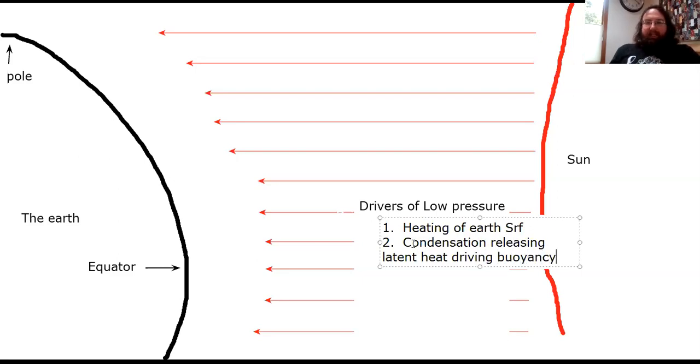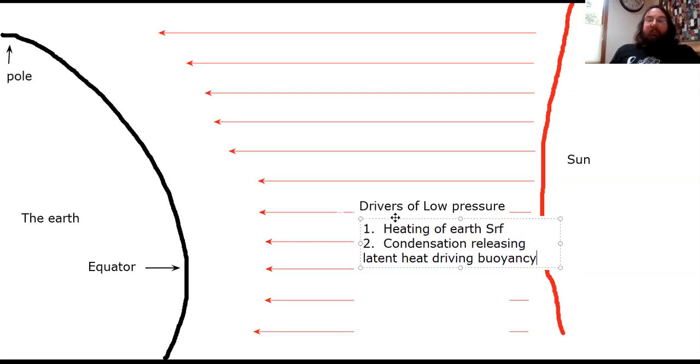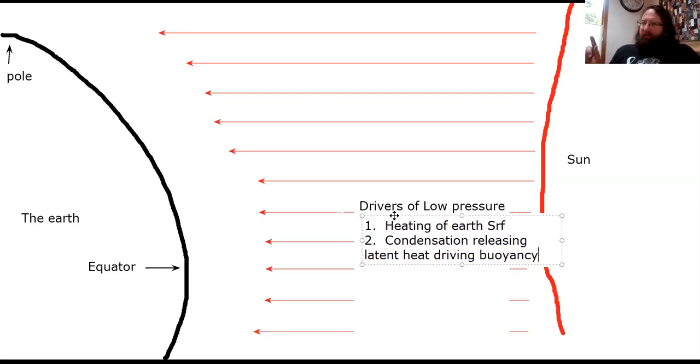That latent heat of the surrounding air drives buoyancy. Spoiler alert, the reason it is raining in Berkeley right now is because of the second factor. But we'll worry about that in a later portion of the lecture.